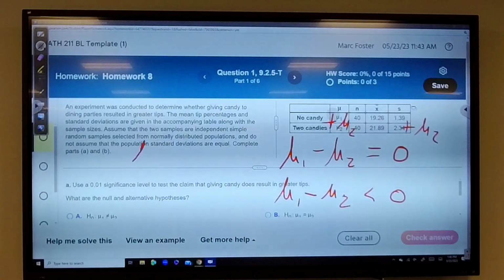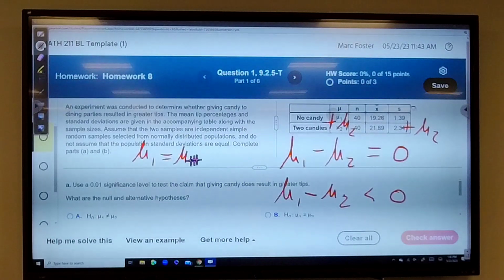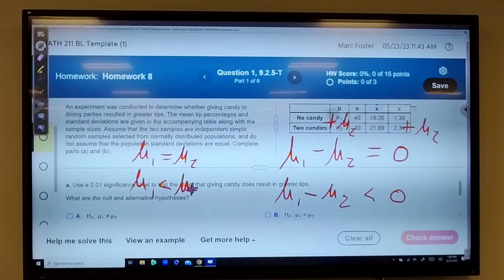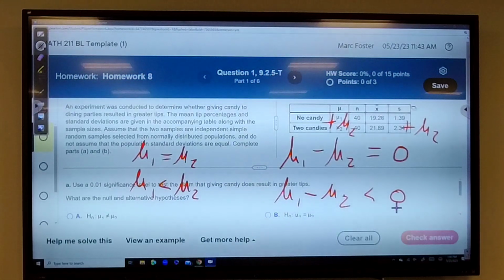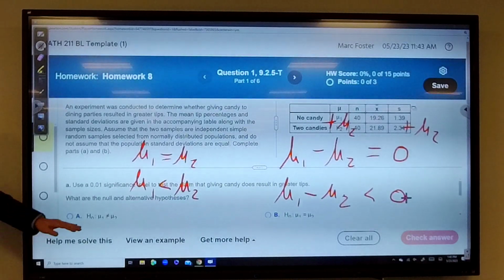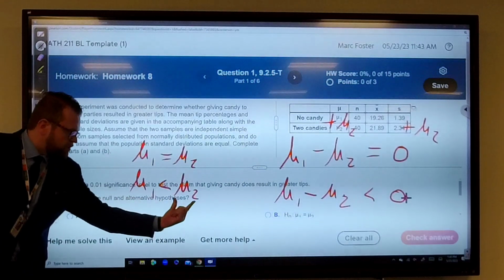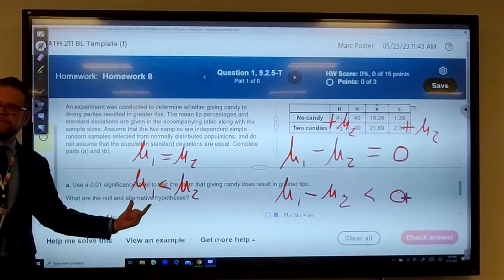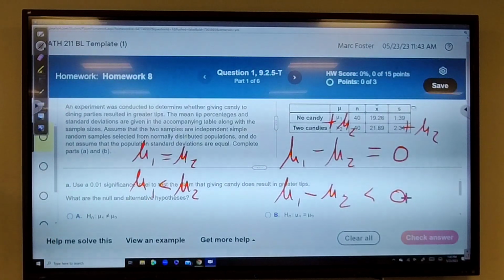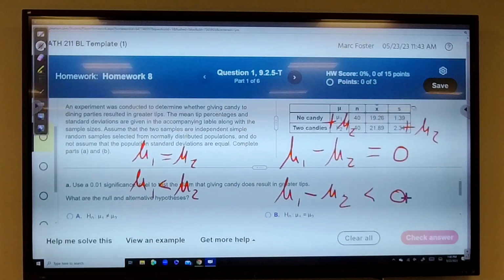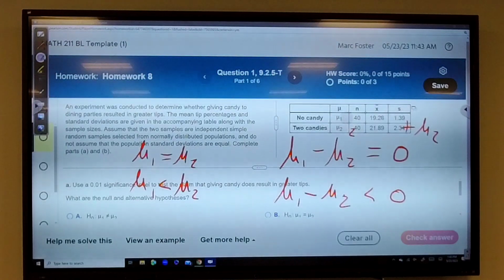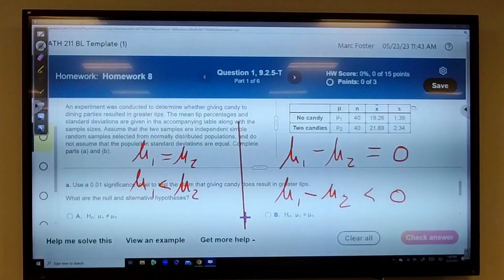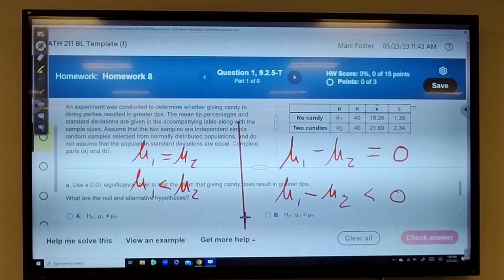And then you get mu1 equal to mu2, mu1 less than mu2. Where the second one says the people who got candy tipped more than the people who didn't get candy. Both of these mean the same thing.